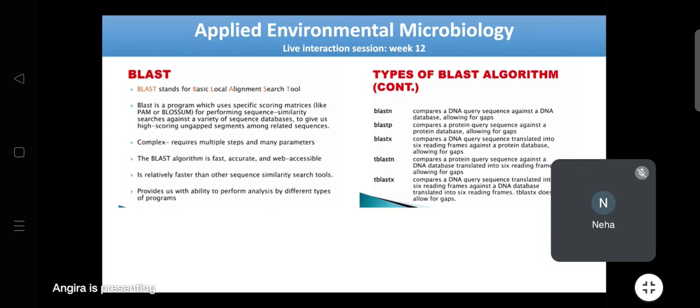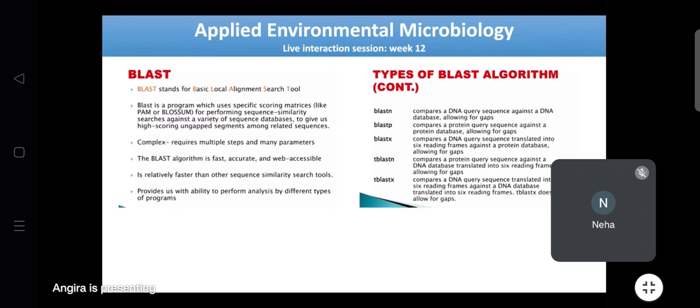BLASTX compares a DNA query sequence that is translated into 6 reading frames against a protein database. TBLASTN compares a protein query sequence against a DNA database that is translated into 6 reading frames.